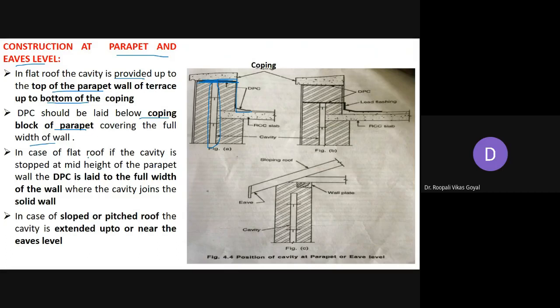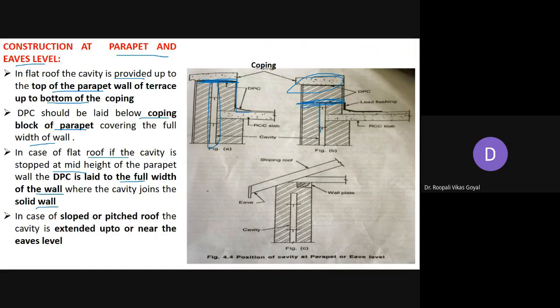And in case of a flat roof, the cavity may be stopped at mid height. If you stop it here at mid height, it is not extended up to the coping. In the first case you are going up to the coping, but in the second case you are just stopping your cavity in between. Okay. So in that case this DPC is laid to the full width of the wall where the cavity joins the solid wall. So here this cavity wall ends.